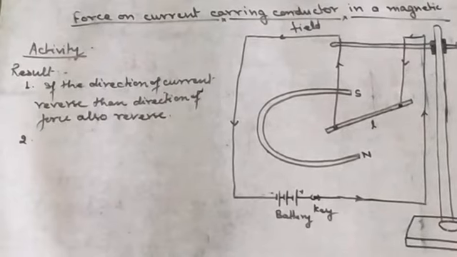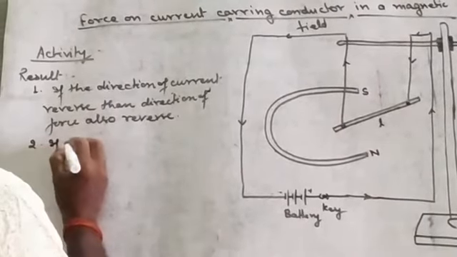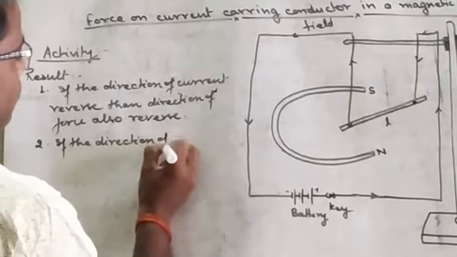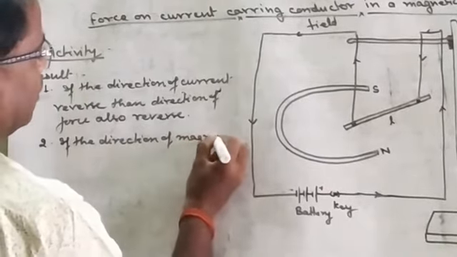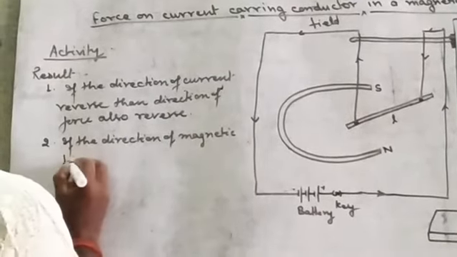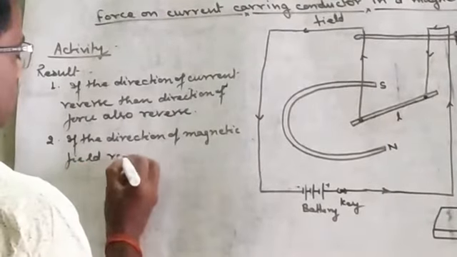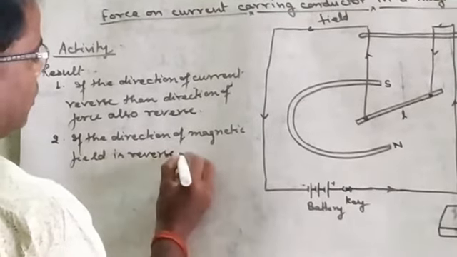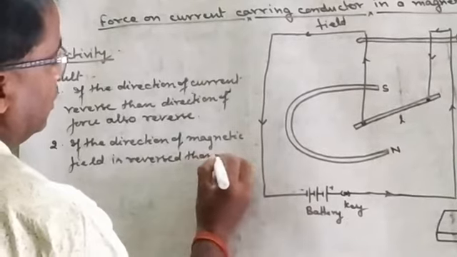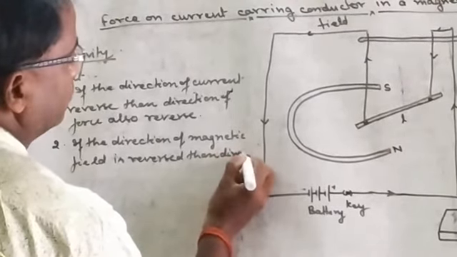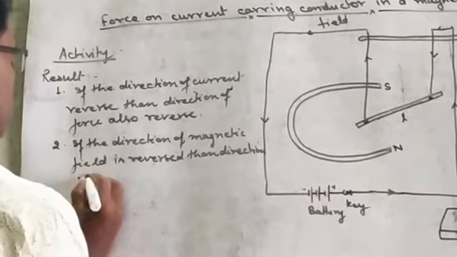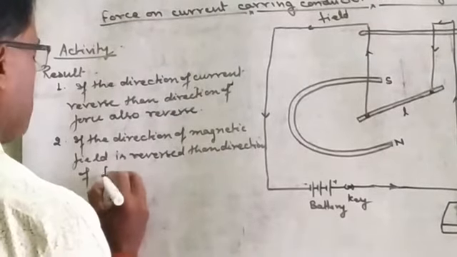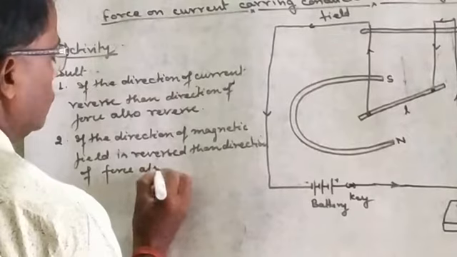Second result you see here. If the direction of the magnetic field is reversed, then the direction of movement, or direction of force, is also reversed.